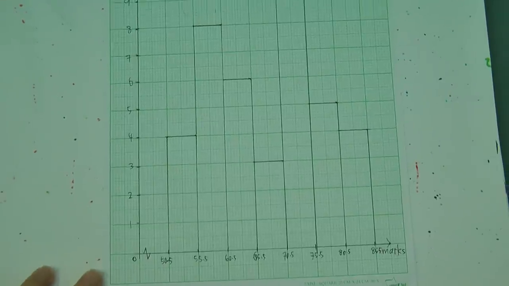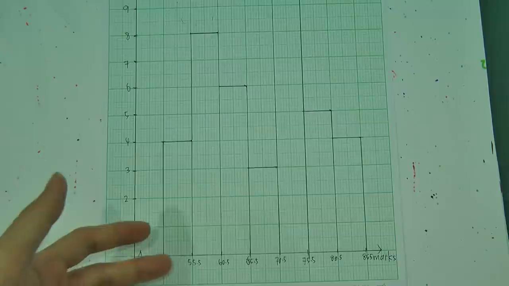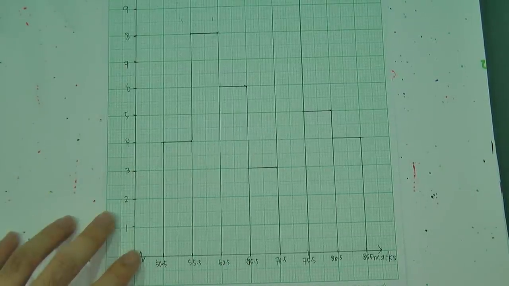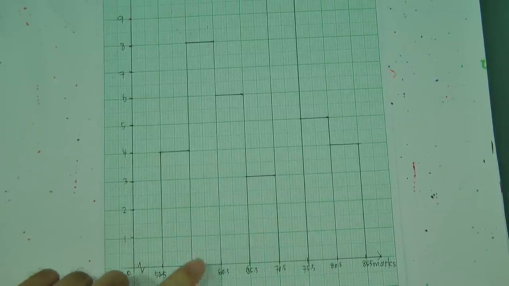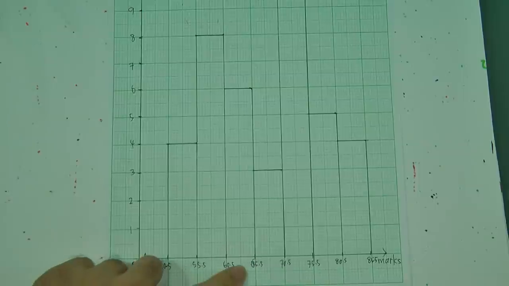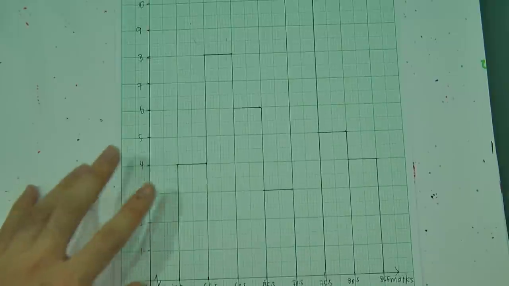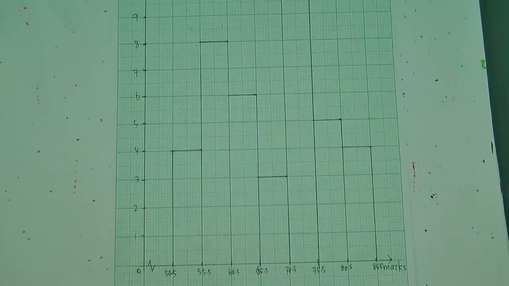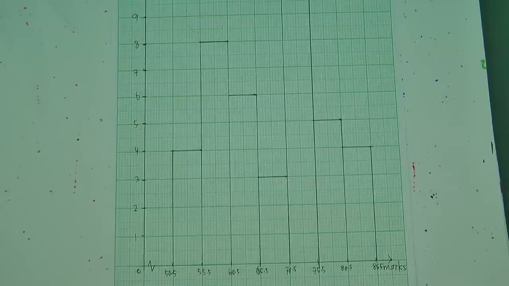Because some textbooks actually explain that you can use midpoint, but I already went through most of the marking schemes. Most of them are using lower boundary, upper boundary, and then lower boundary, upper boundary again. They're going to use the lower and upper boundary over here, and then here you're going to use the frequency. Alright, I hope this video can help you understand more about the histogram. Yes, anyways, thanks for watching.